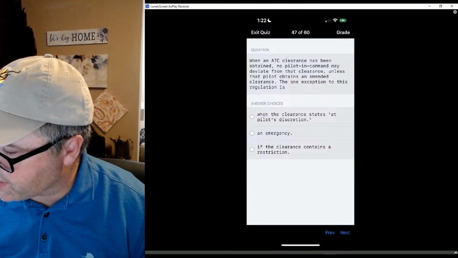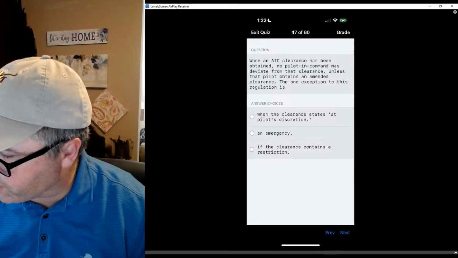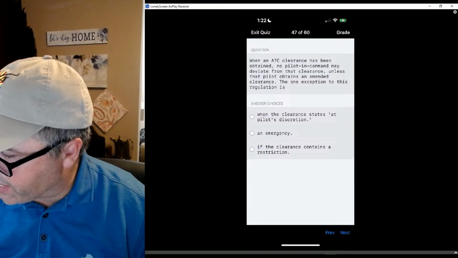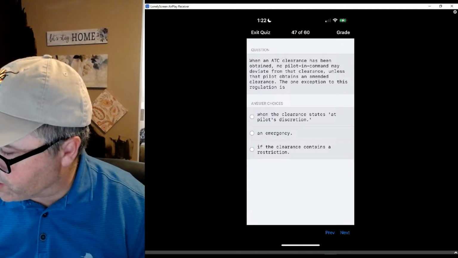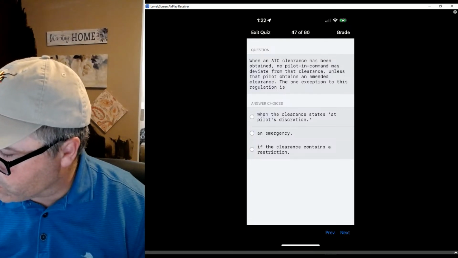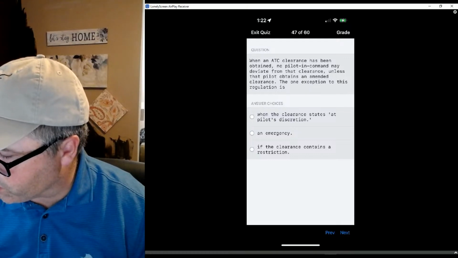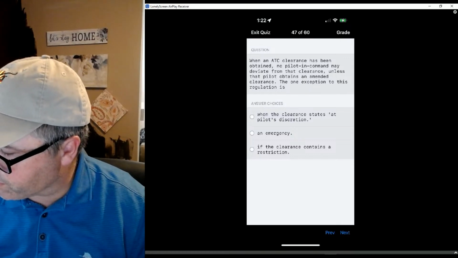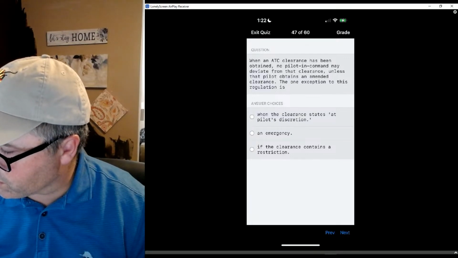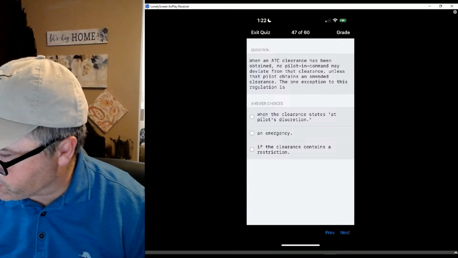When an ATC clearance has been obtained, no pilot in command may deviate from that clearance unless that pilot obtains an amended clearance. The one exception to this regulation is when the clearance states at pilot's discretion and okay, no. If you're doing it at pilot's discretion, are you really deviating from it?